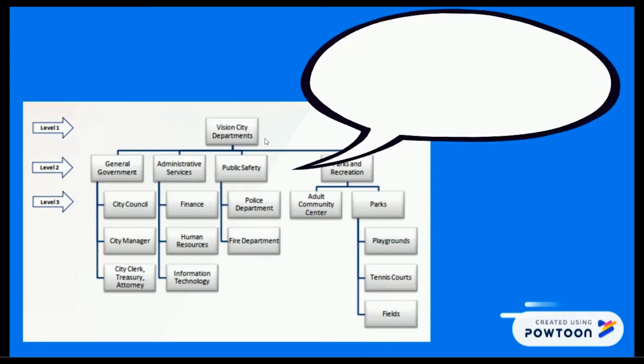On the top is the Vision City departments where the president sits, and the next part is the general government, the administrative service, the public safety, the parks and recreation, and below them there are a lot of other departments, and they divide them into three levels in the hierarchical department operation system.